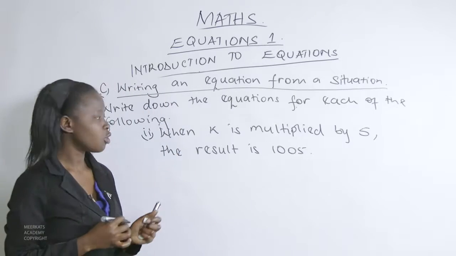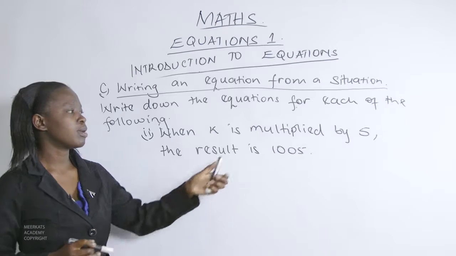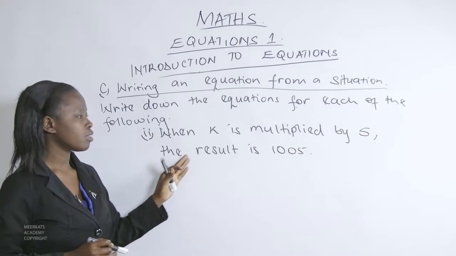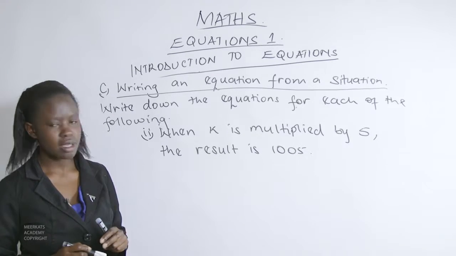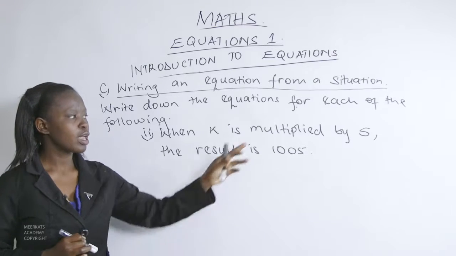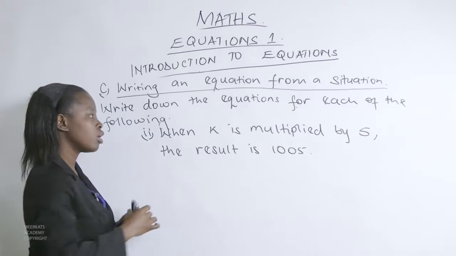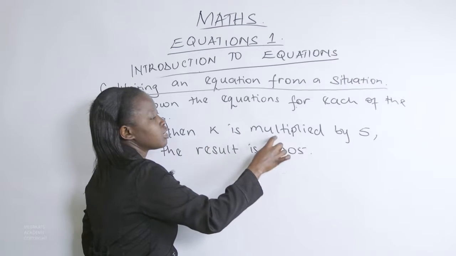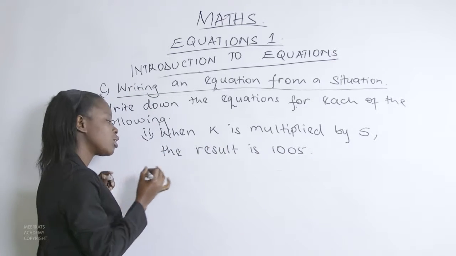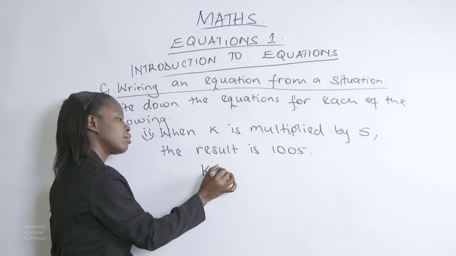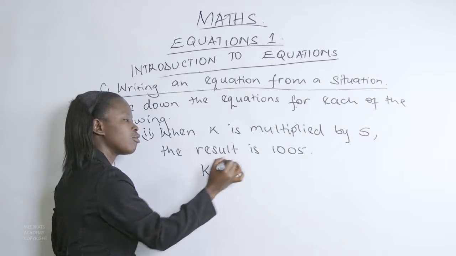The other situation is when k is multiplied by 5, the result is 1005. So we are having multiplication. K multiplied by 5 means I have k times 5.